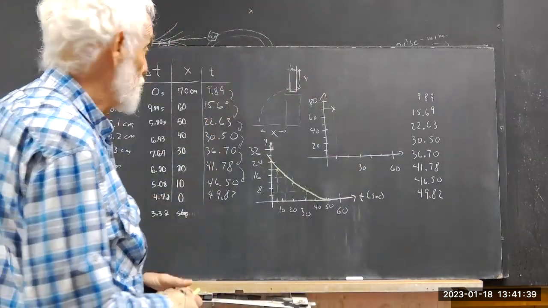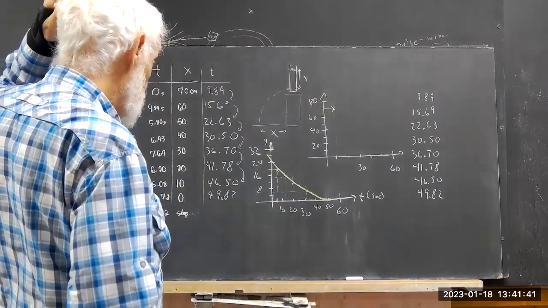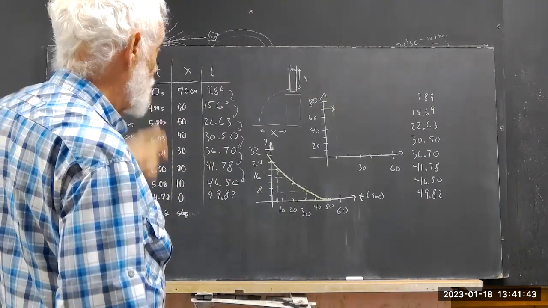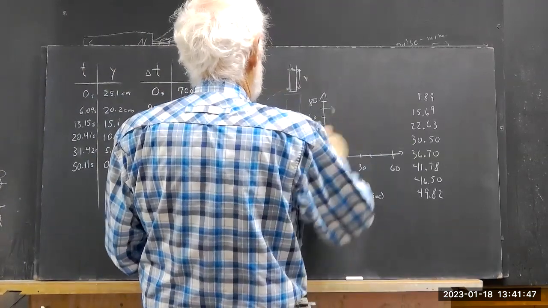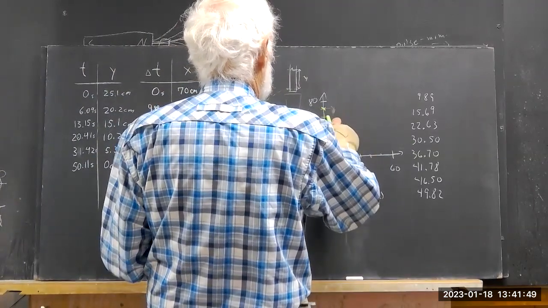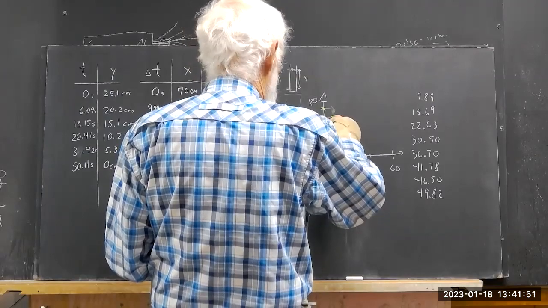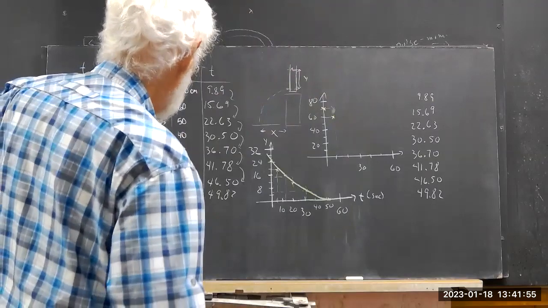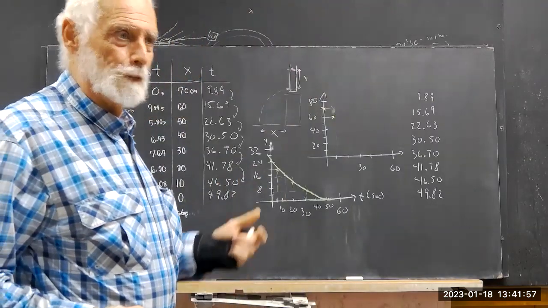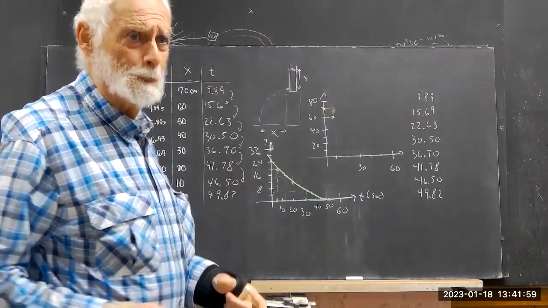Each of these should be 1 unit lower. So 70 centimeters is actually at 0. 60 centimeters will be at the 9.89 seconds. Okay. And it wasn't making sense. Okay. And you kind of got to be alert to the fact that what you're doing is probably not always going to make sense.